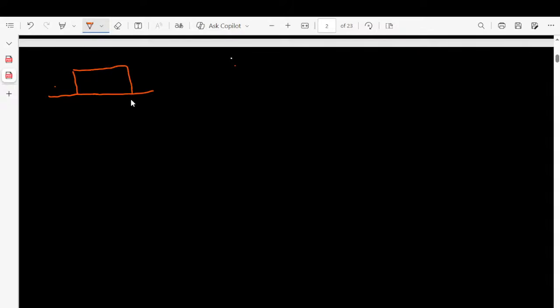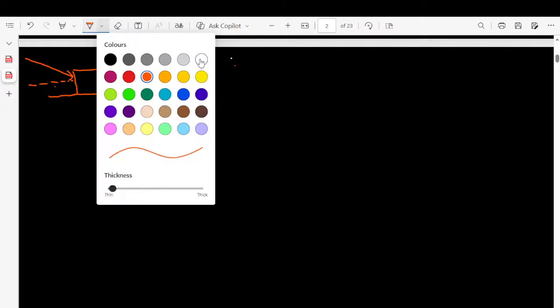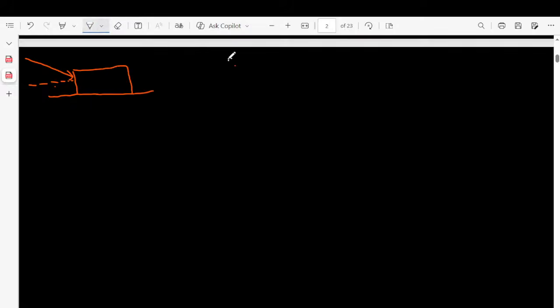So this is my object, but this time the force is pushed at an angle. It's very important that we indicate that the force is pushed. So this force, you can see the arrow. The arrow is telling you that this force is pushed at an angle.